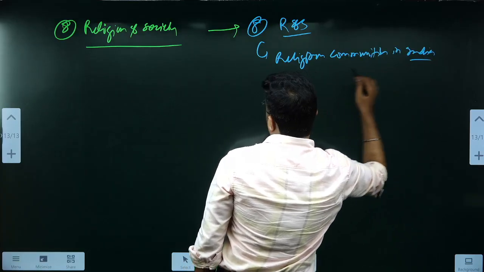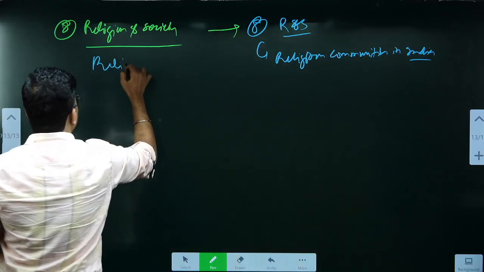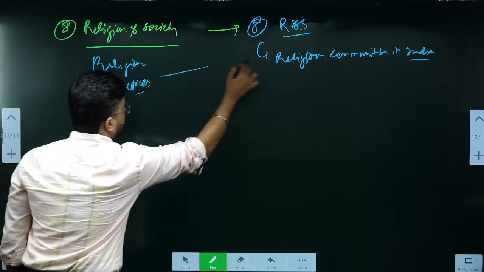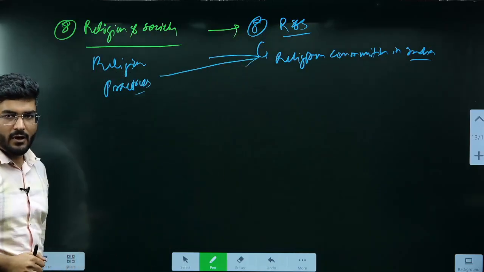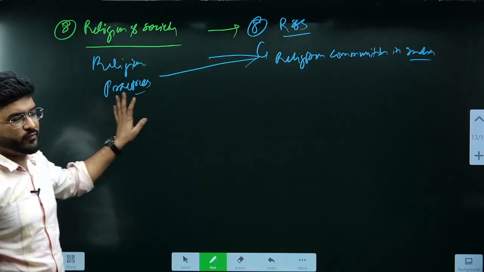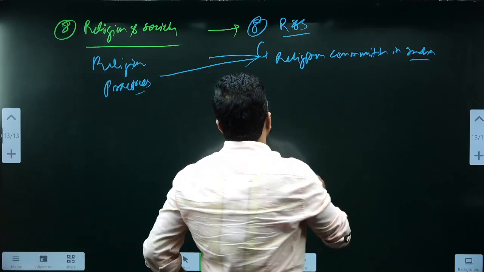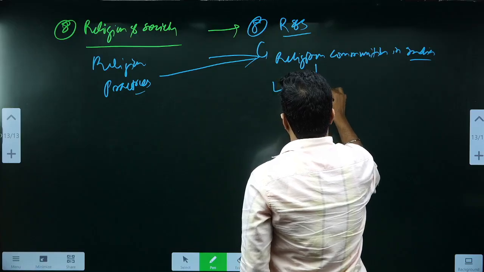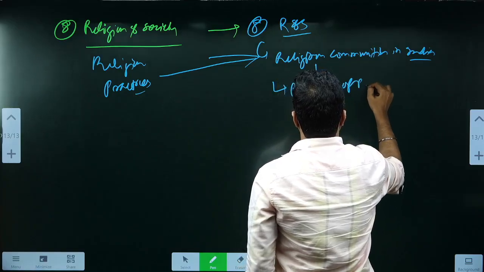So the paper 1 religious practices is related to this particular section. Okay. Then religion and modern society is a separate topic, which we don't have in paper 2, but we have in paper 2 the problems of religious communities.